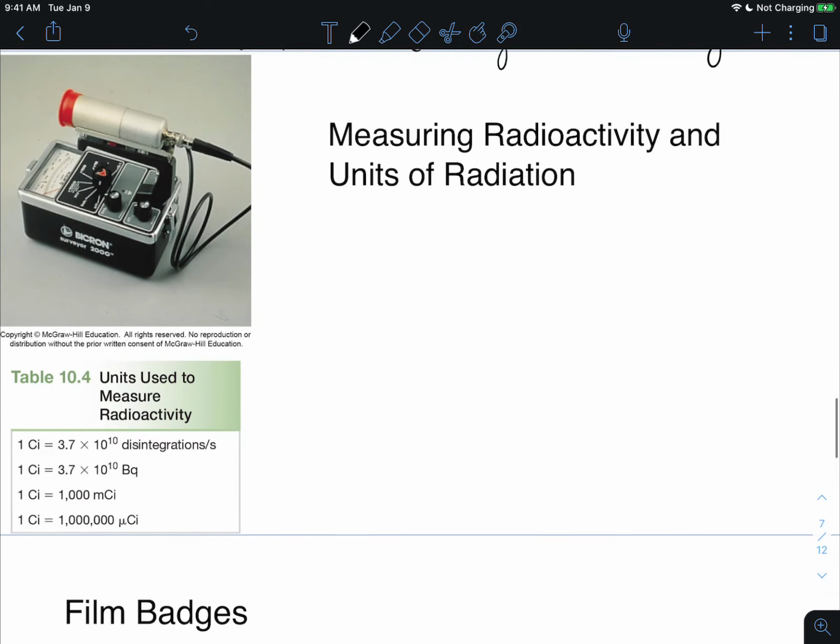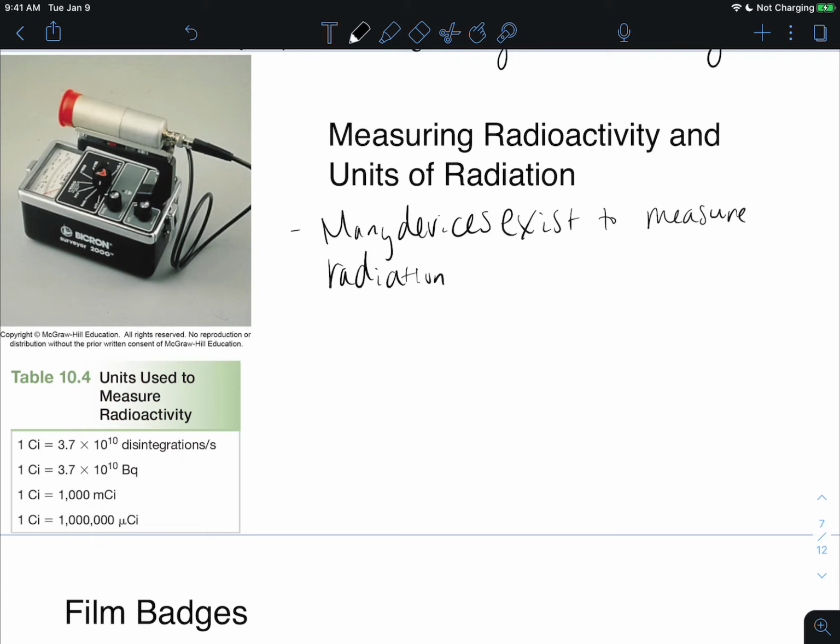Okay, we're briefly going to look at the idea of measuring radioactivity. So what devices are used in order to measure radioactivity, and units that are used in the measuring of radioactivity. So many devices exist to measure radiation. So the presence of radiation or radioactivity, what's actually going on.